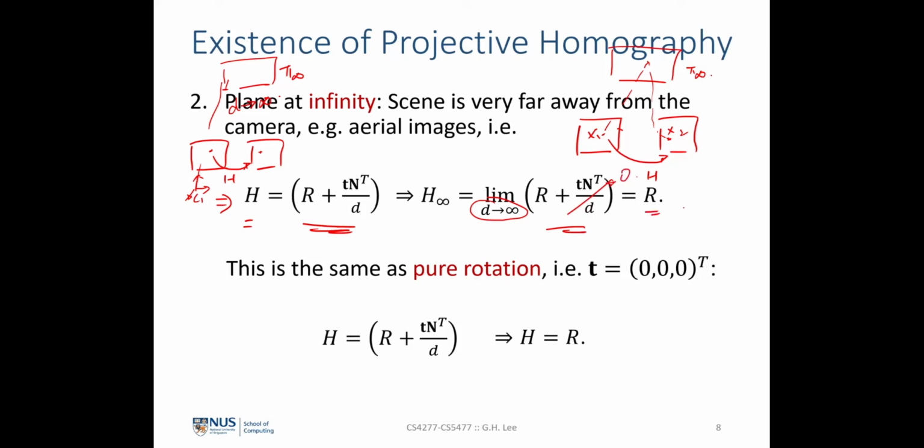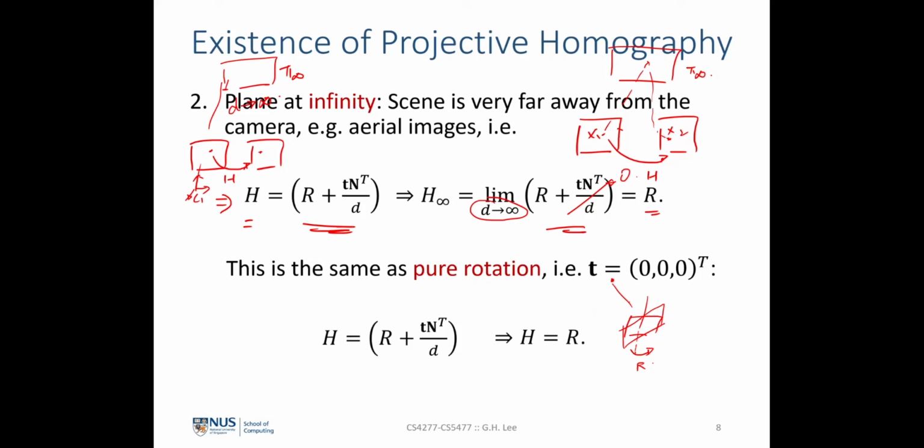What this means is that for a very far away scene, the points projected onto the two images would be related by the homography, as well as if my camera undergoes a pure rotation. That means I'm purely rotating this camera frame along a certain axis, then the points seen by the two frames would also be related by the homography.